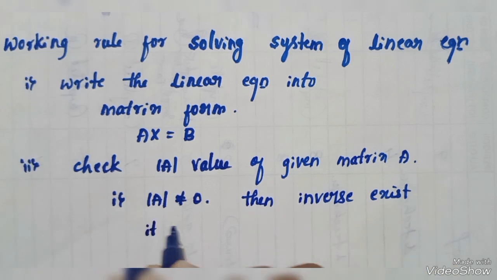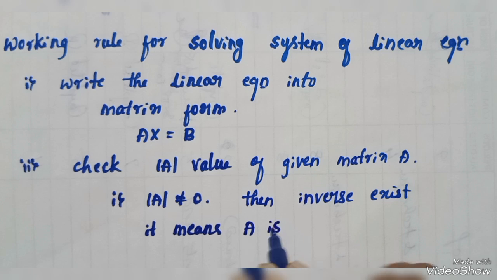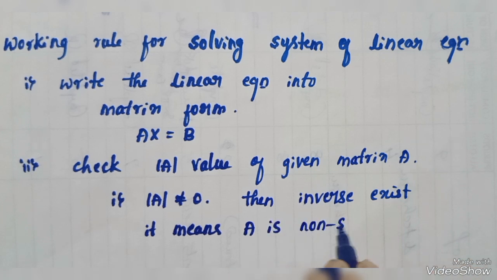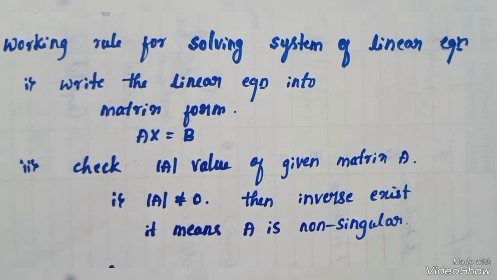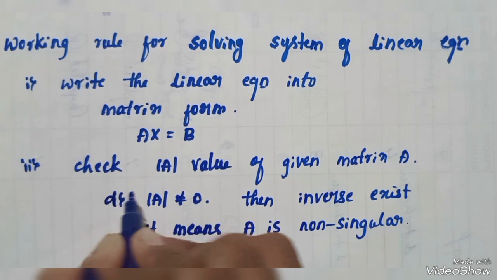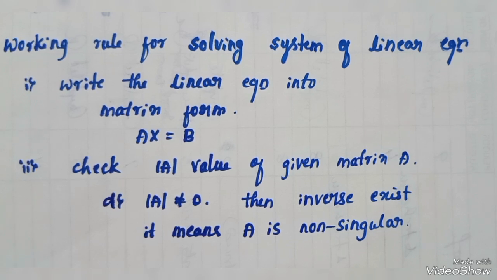It means A is non-singular. So the first step is to write the linear equations in matrix form, then check the determinant value.